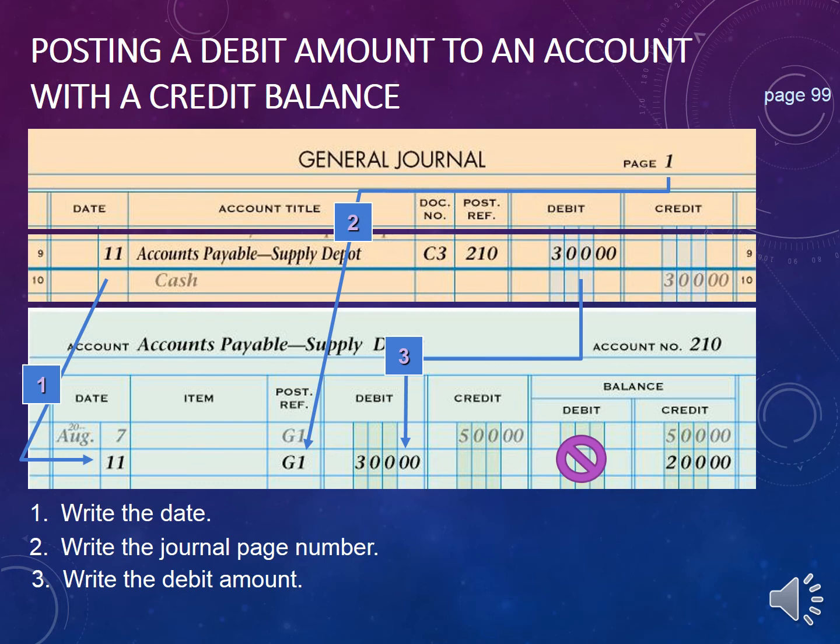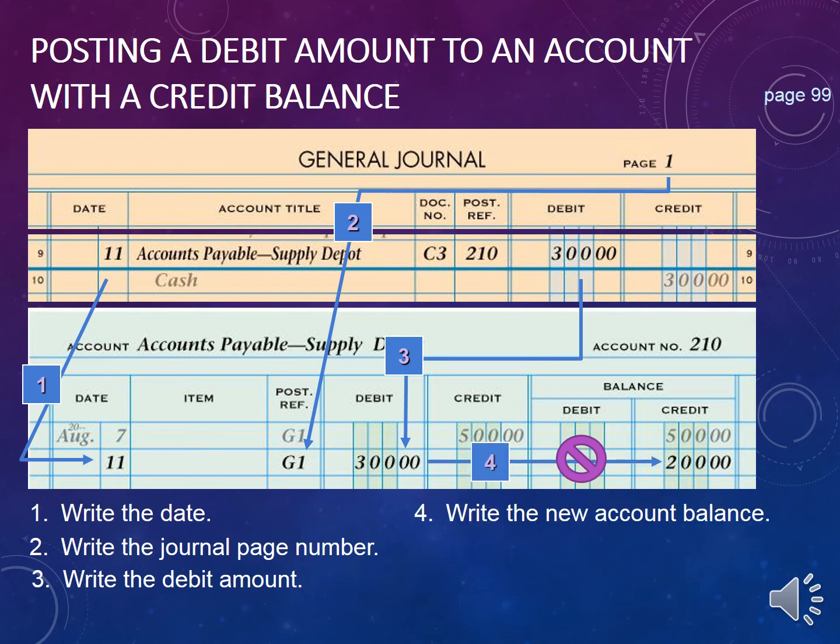This means that we still, as a business, owe Supply Depot $200. Notice that there is a do not sign in the debit balance column, because you will never ever use a debit balance for accounts payable, since the increase side is the side that represents the balance side.